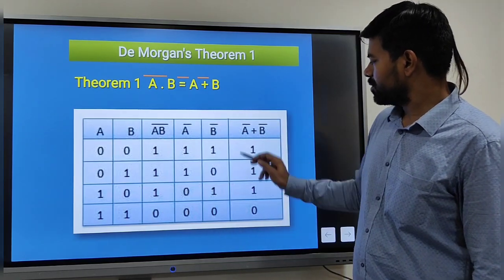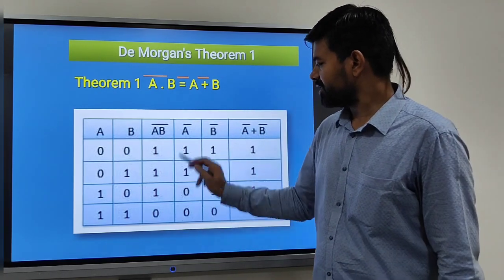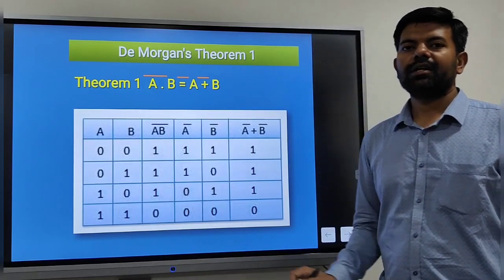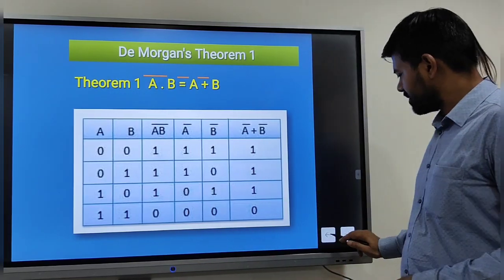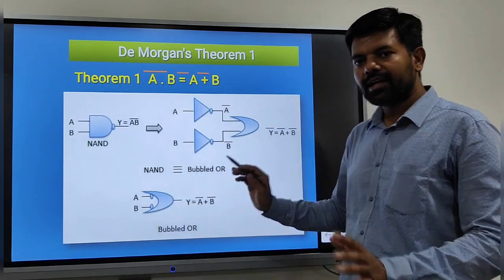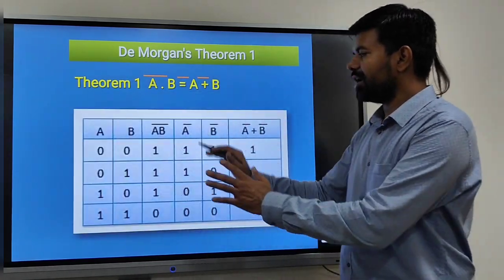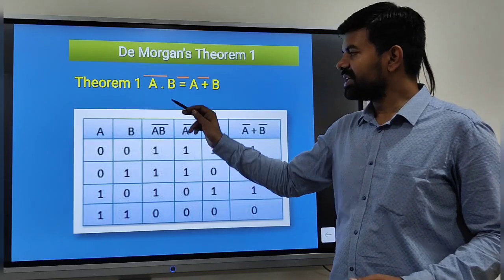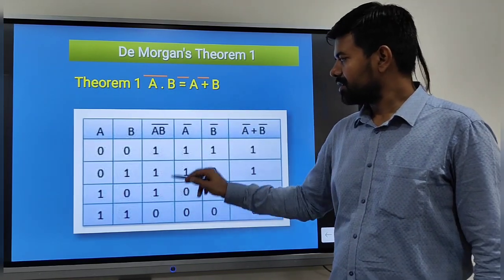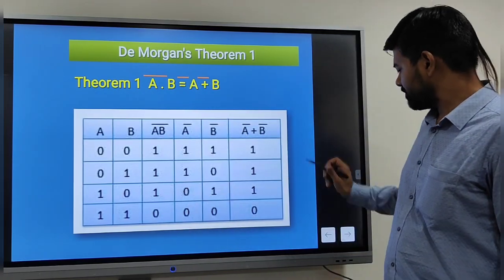These two columns have the same values. That's how we can prove it through logical operation. This is the logic circuit diagram and this is the truth table, showing that we get the same values. This is the first and this is the second.